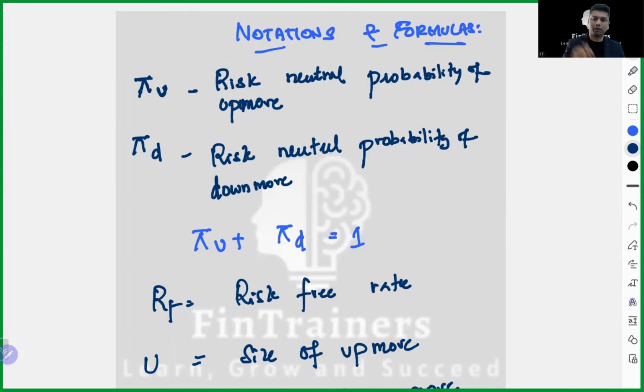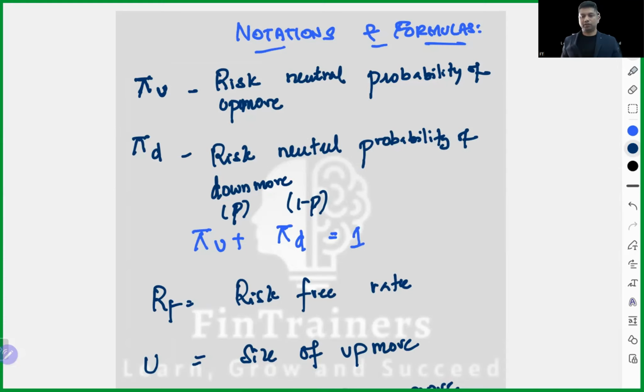Together, we said the probability is 1, right? So in our previous steps, we had denoted it as P and 1 minus P. But there is a formula to calculate the probability, and this is not a continuous distribution. It is a discrete distribution formula. So we are denoting it as pi u. Don't worry about what is continuous and discrete now.